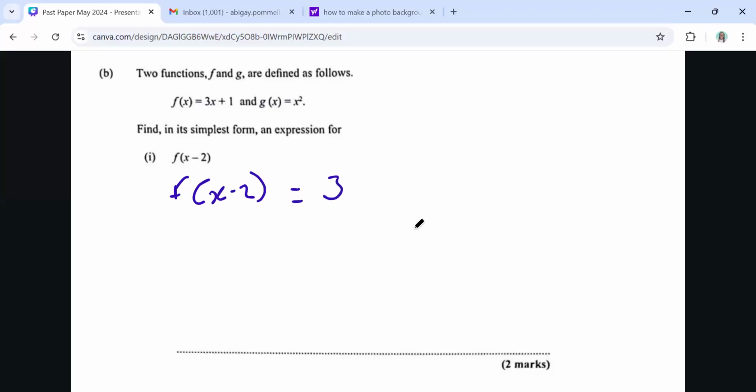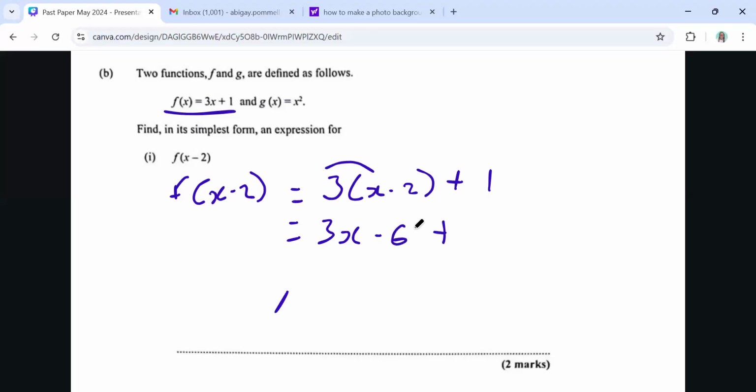So it's 3(x minus 2) plus 1. So we're going to use some distributive. x times 3 gives you 3x, and 3 times 2 gives you 6, plus 1. That's going to equal 3x minus 6 plus 1, which gives -5. The answer is 3x minus 5.